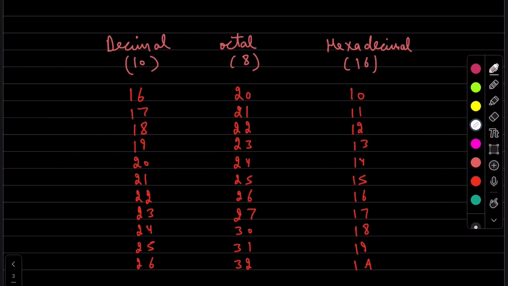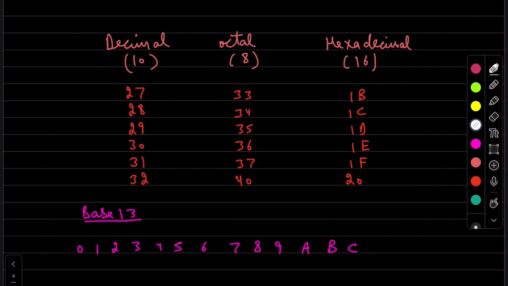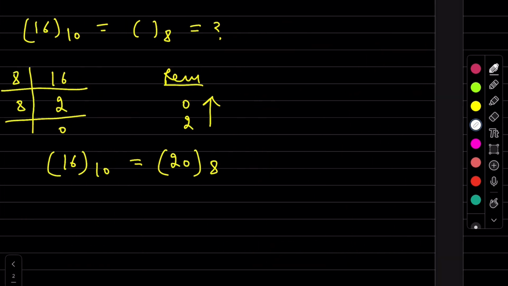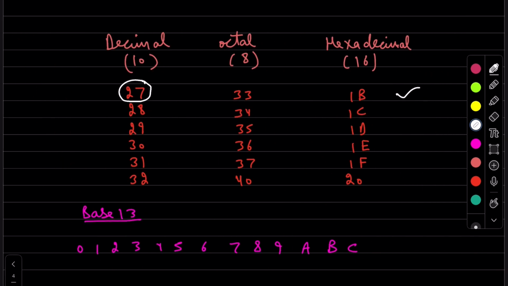So we can find for the rest of the numbers as well, from 16 to 32. Let's try with 27. To find 27 in hexadecimal, we will divide by 16 and we get quotient as 1 and remainder as 11.